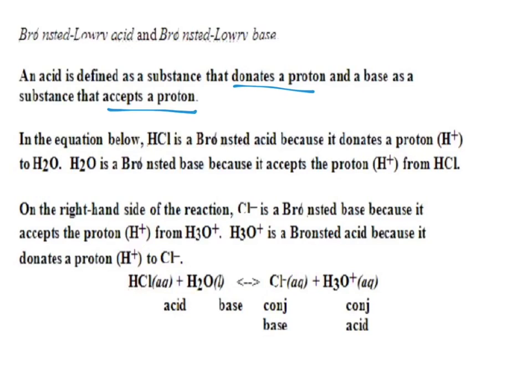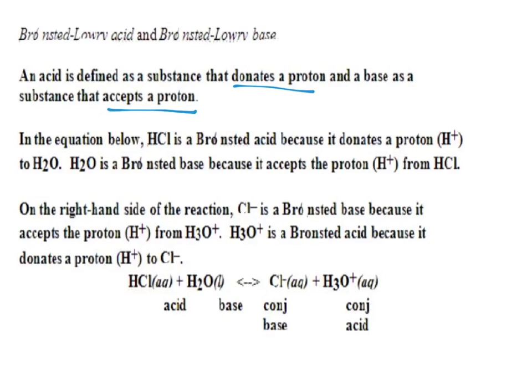So if we have HCl and we add it to water, then what ends up happening is the H will donate a proton to give us a hydronium, and the water will accept it.